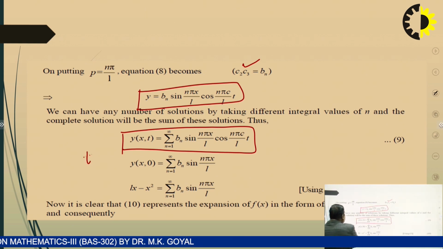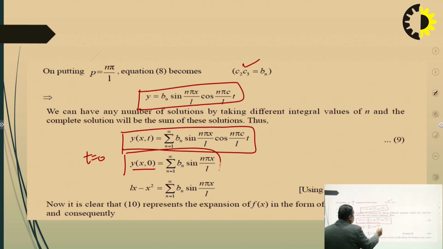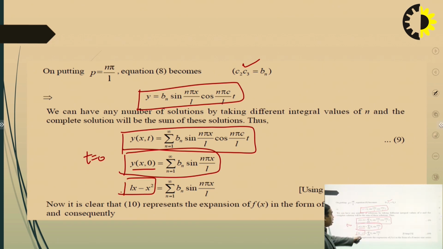Putting t = 0, we get y(x,0), where cos 0 becomes 1, so y(x,0) = Σ bn sin(nπx/L), and y(x,0) is given as k(Lx − x²). We shall calculate bn with the half range sine series.